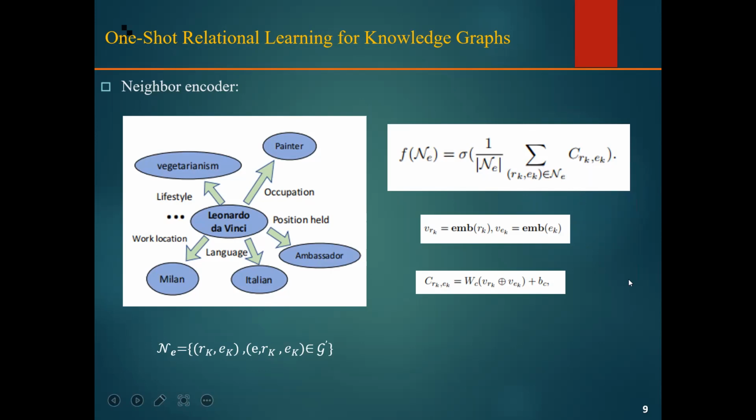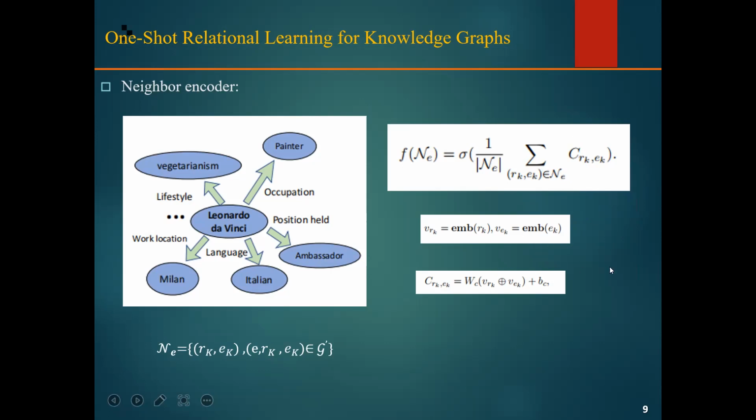They also use the hyperbolic tangent as the activation function here. Here c_rk and e_k is a feature representation of the relation-entity pair we have.